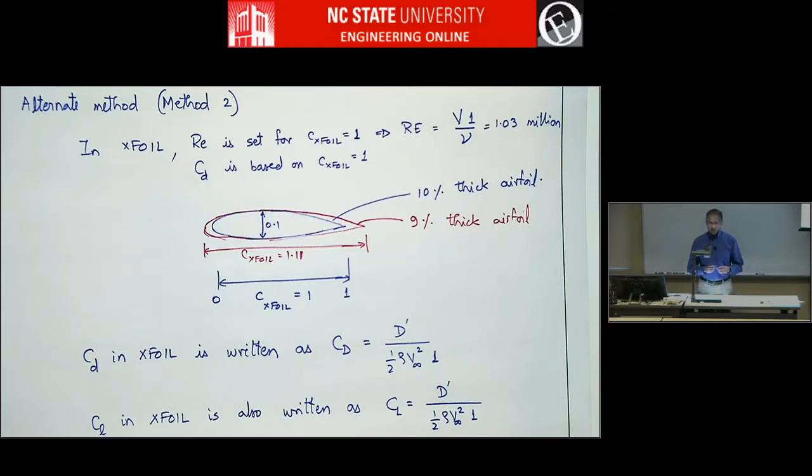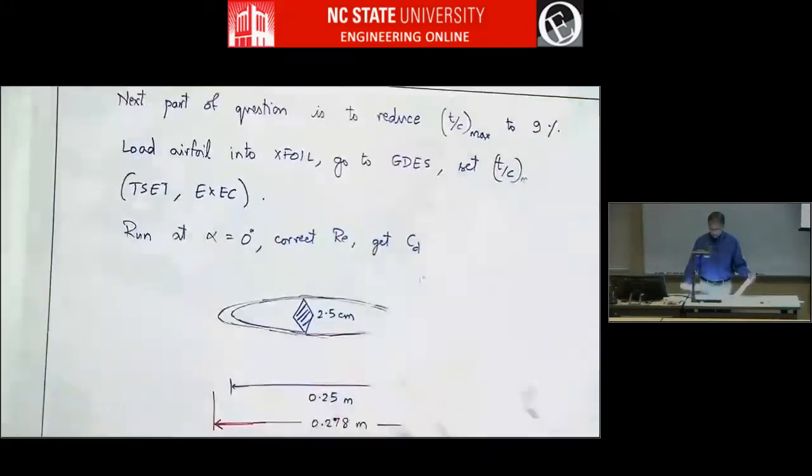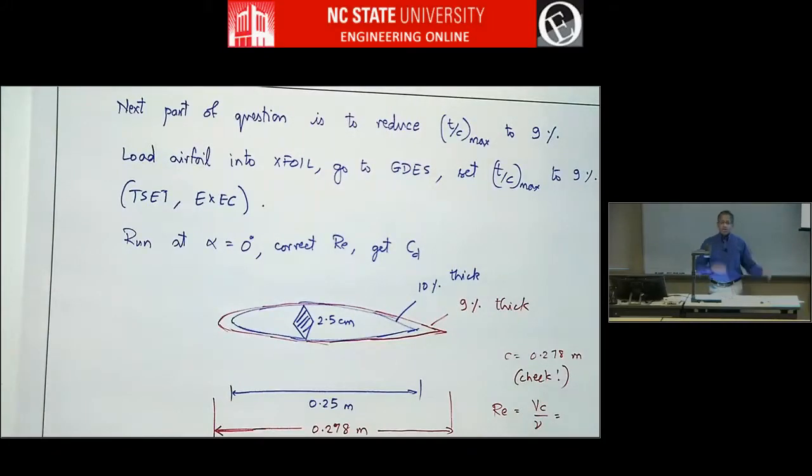Some people get this right away and they say, yeah, this makes sense, and others find this pretty confusing. So if you don't understand this method, that's fine, don't do it. Just do it the usual way. Every time, make the chord equal 1, run it in X-foil, change the Reynolds number, and you have to calculate the Reynolds number, put the correct Reynolds number, get the CD, and then calculate D prime using the actual chord.